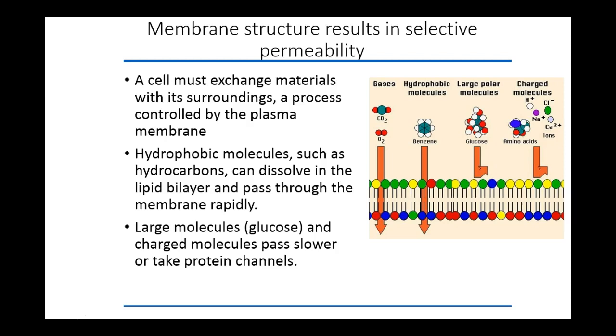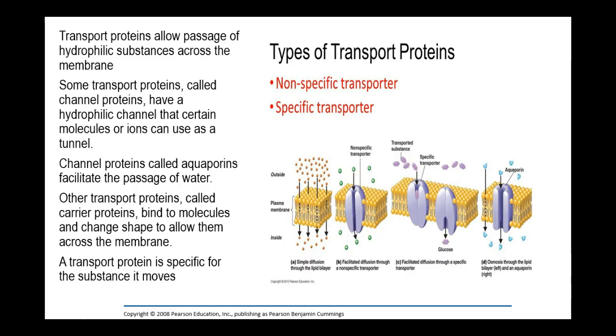And some large molecules pass through slower or take protein channels. Some actually have to have their own channels to pass through. So there is a variety of ways that the cells can take in the nutrients or take in the chemicals that they need.